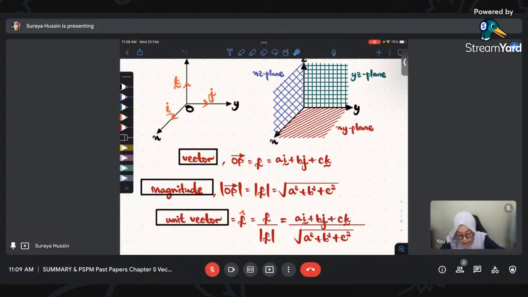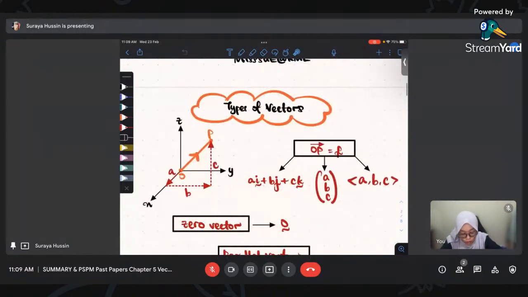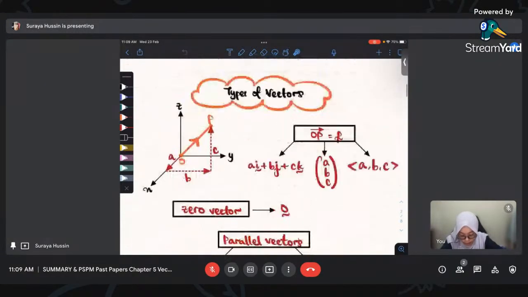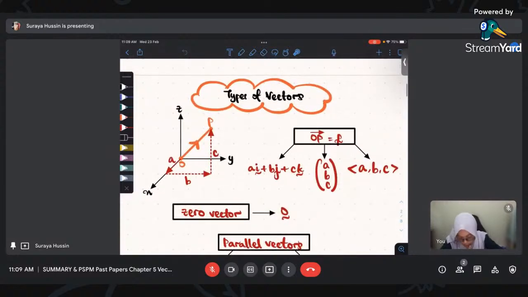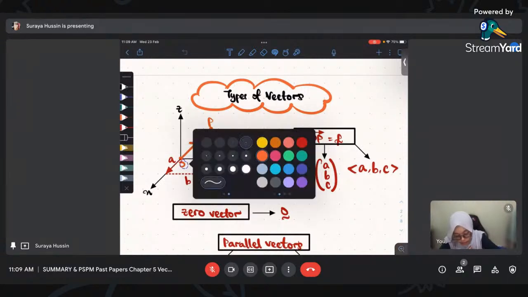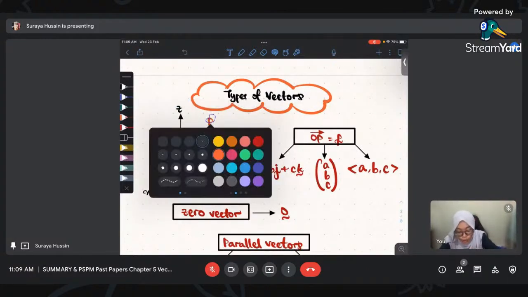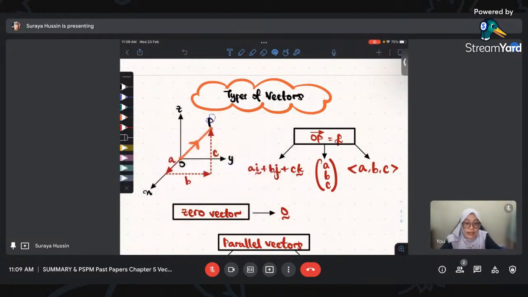Alright? So OP dekat sini, O means the origin. Origin mana miss? This one, OP. So origin actually untuk setiap point dalam 3D, dalam vector in 3D, untuk setiap point sebenarnya dia ada origin.